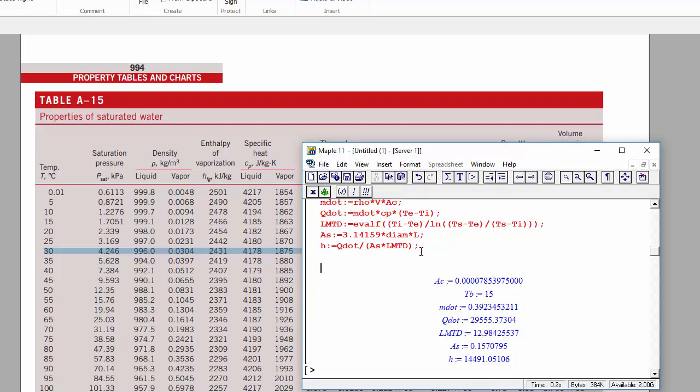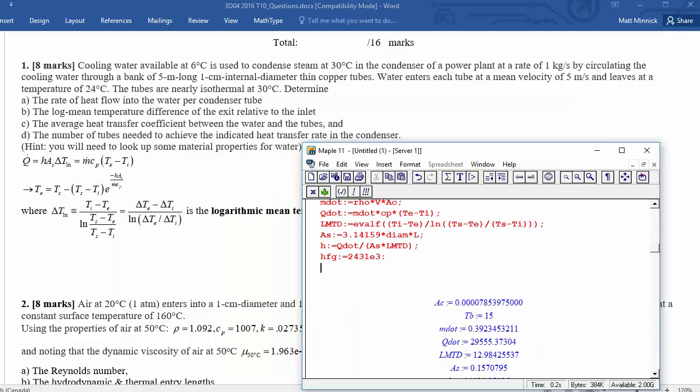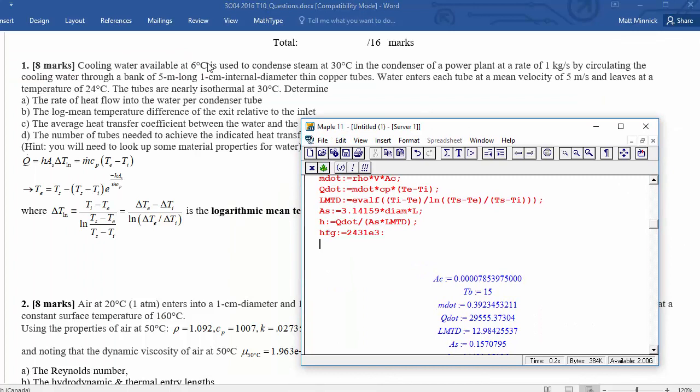Okay, so in joules, the h_fg would be equal to 2431 E3, and the question tells us that we are condensing at a rate of 1 kilogram per second.